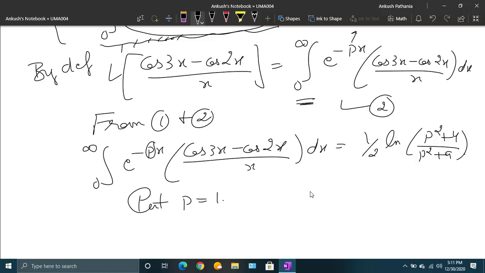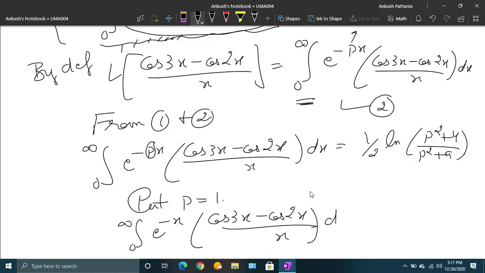So in this case, p equals to 1, I got the integral from 0 to infinity of e to the minus x, (cos 3x minus cos 2x) upon x, equals 1 by 2 ln 5 by 10, sorry, let me write it properly, this is 1 by 2 ln 5 by 10, and that is what was being asked.